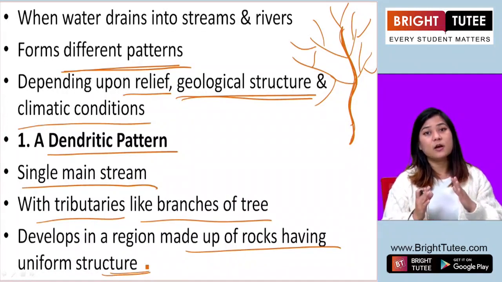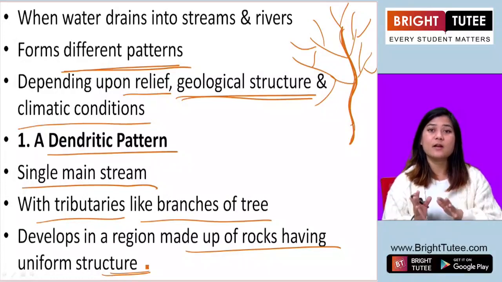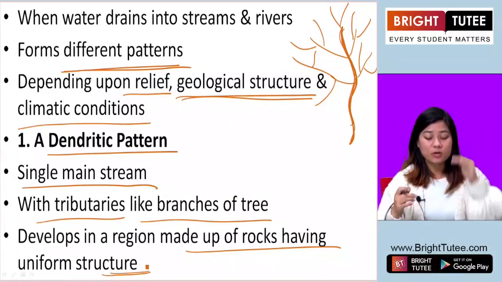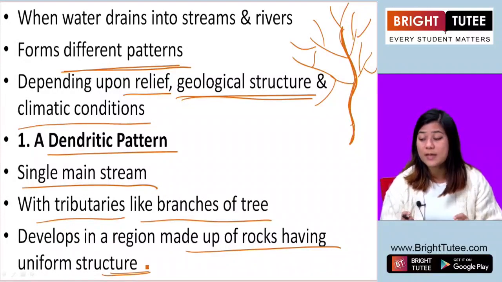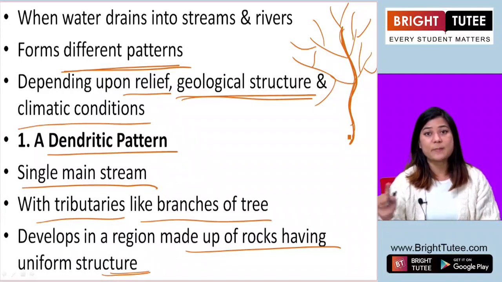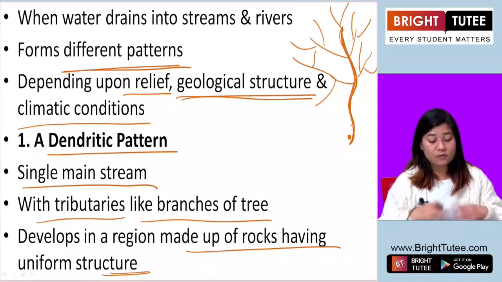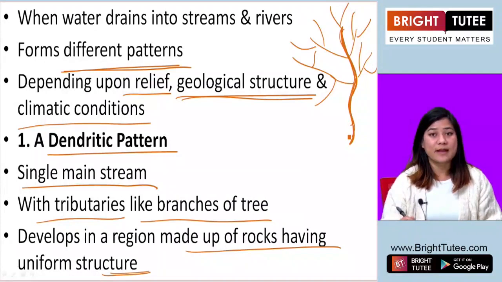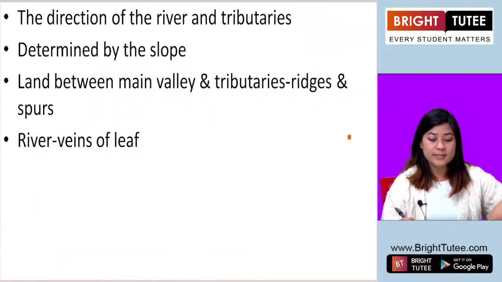They should not be non-uniform, higher or lower, or if the shapes or the heights are not uniform, then this pattern cannot be formed. When the rocks are of the same structure, then this pattern is formed. All right.